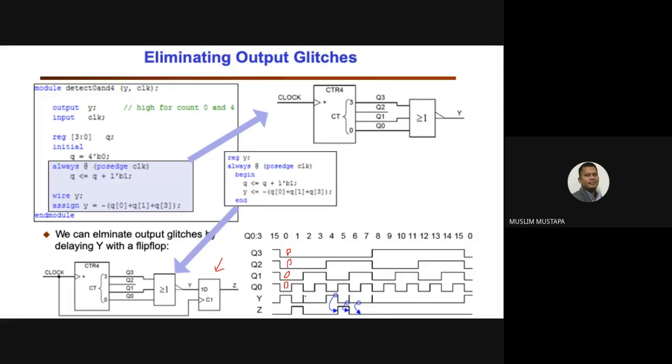But the glitch happens for a very short period of time. Normally it isn't noticed by human eyes, but in terms of the system, of course, there's an effect on the system. It's very small, just happening at the beginning of the signal before the signal becomes stable. You learned about transient.